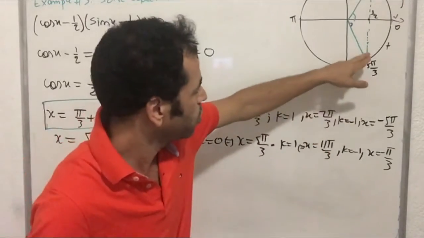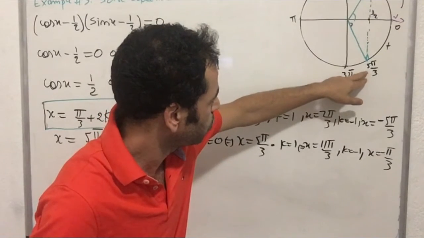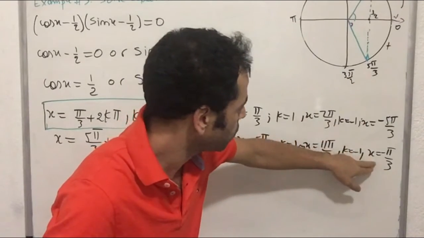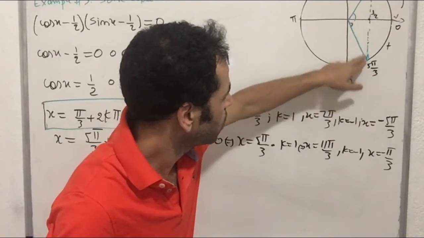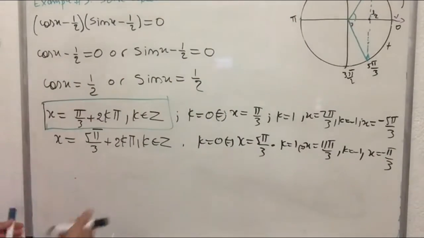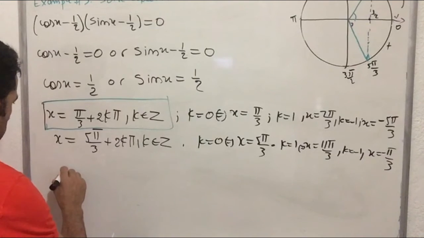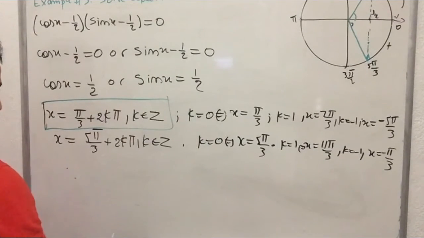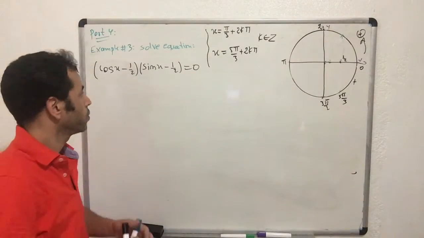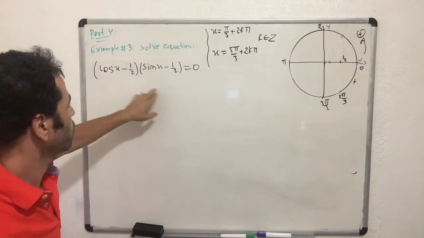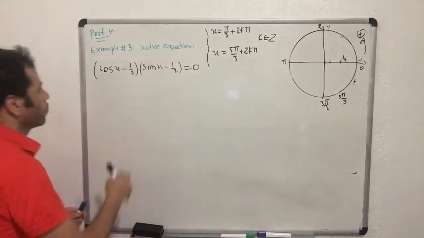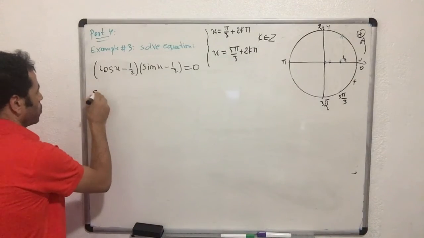If you go in the negative direction, you will get here to the same point. 5 pi over 3 is the same thing as minus pi over 3. It has the same value. So this solution is valid. Now for cosine x minus 1 over 2 equal to 0, we found two solutions.